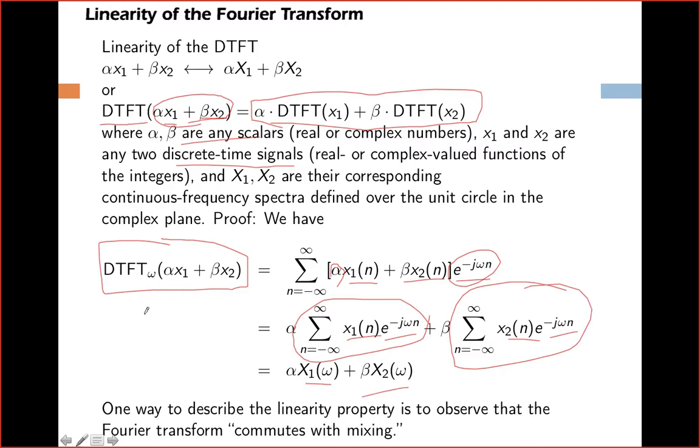So what I have done is, the DTFT of a linear combination of two input signals leads to a linear combination of the discrete time Fourier transforms of the two different signals. Hence the linearity property is proved, that is, it satisfies the superposition theorem as well as the scaling theorem.